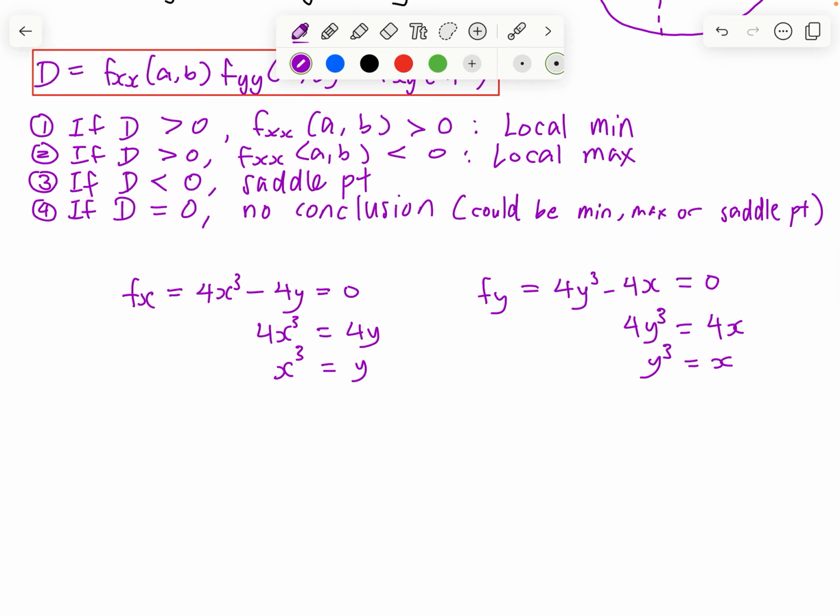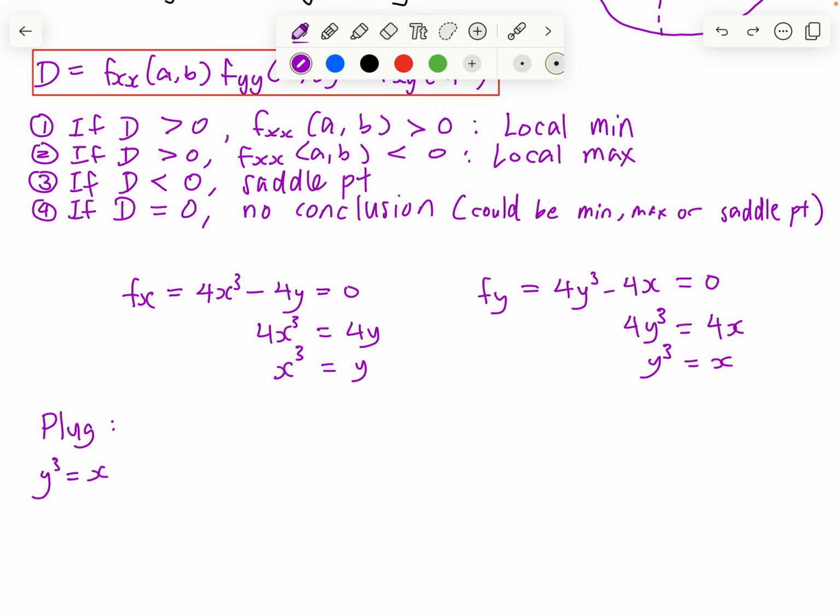The next step is to plug these values back into the partial derivatives. Let's say I use y cubed equals x and plug it into the other function, using what I have here and plugging it into here.